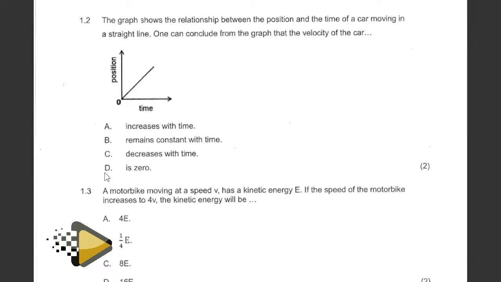But remember the gradient of this graph. If we find the change in position over the change in time, that will give us the velocity. So in this case, we expect the velocity to be constant. So velocity remains constant with time, which is B, since the gradient of a straight line is always the same.